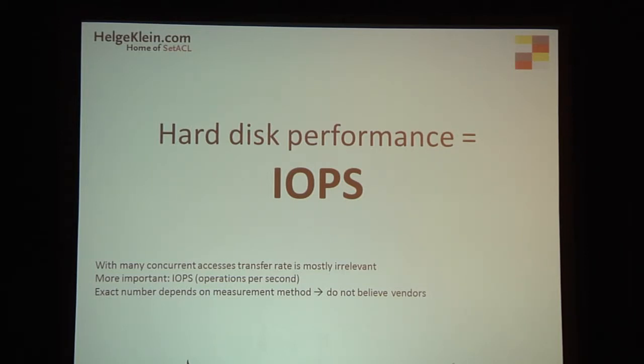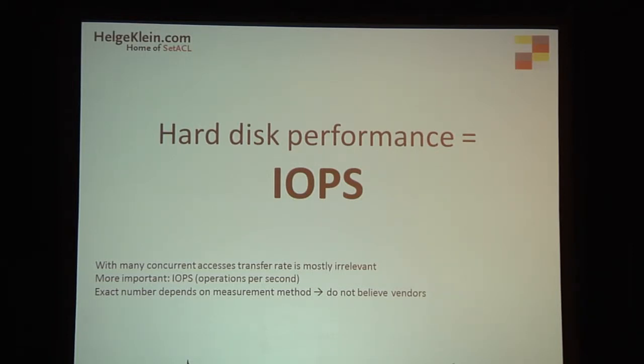IOPS are relevant if you have high concurrency in hard disk access. And in a XenApp environment, we do have that. We have many users on the system, and each user typically has several processes running. So we have a very high number of processes that each do something. Many access the hard disk, and because of that, we have high concurrency in hard disk access.